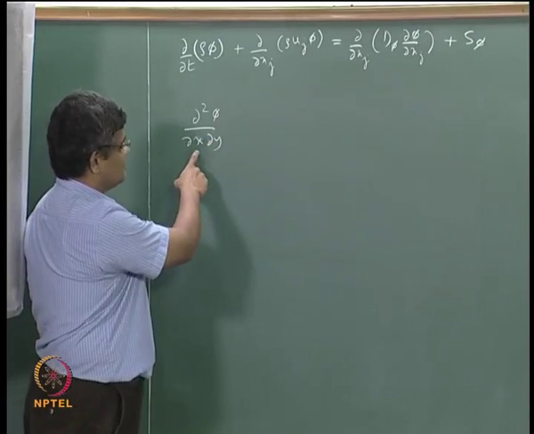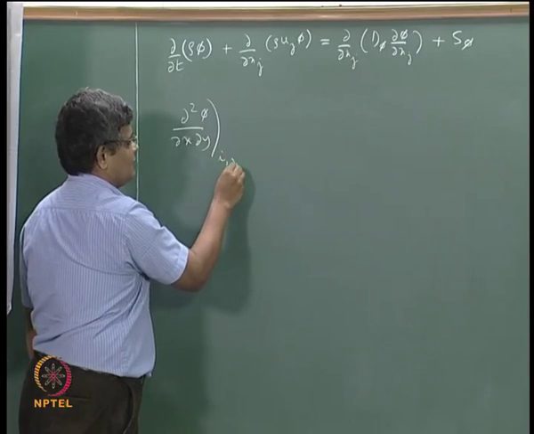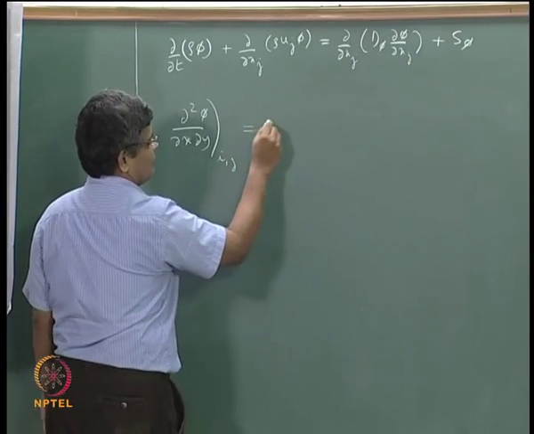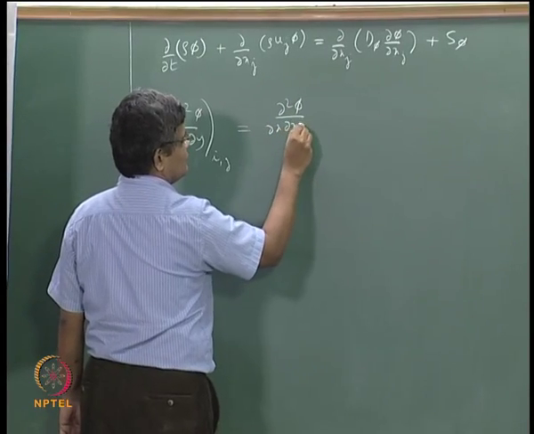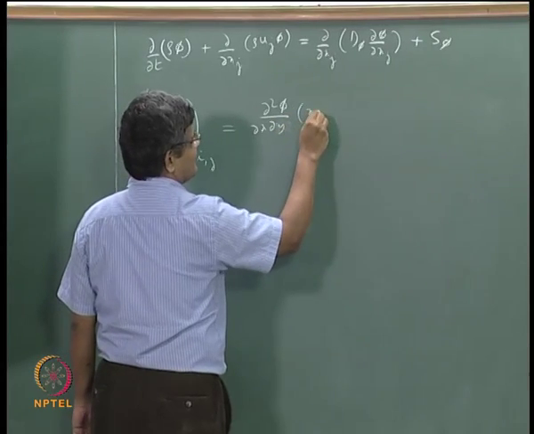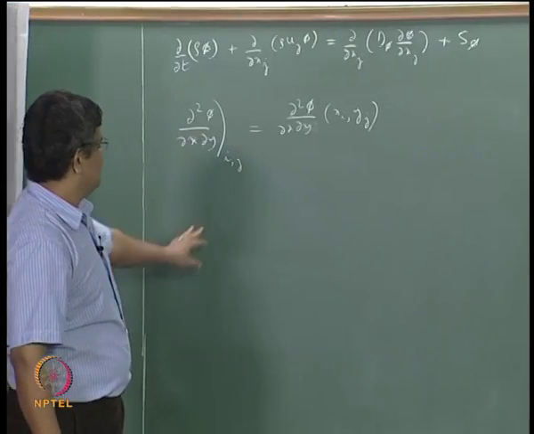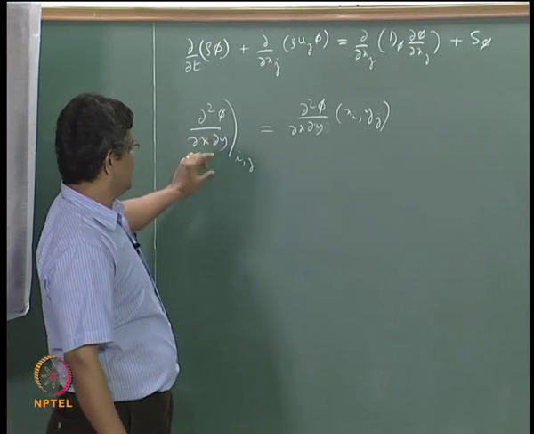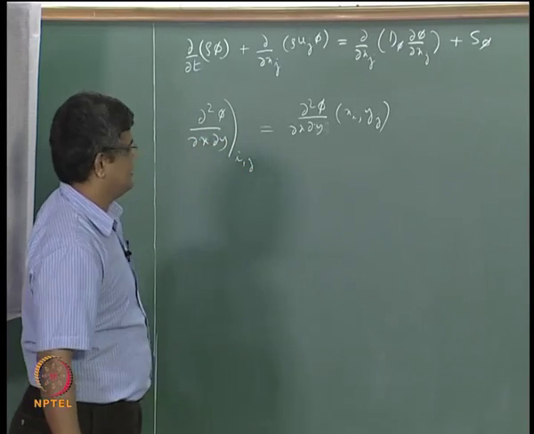Now since we are dealing with two coordinates, we need to have two indices I comma j. This obviously means that dou square phi by dou x dou y at xi yj, and we are assuming uniform grid spacing of delta x in the I direction and delta y in the jth direction.